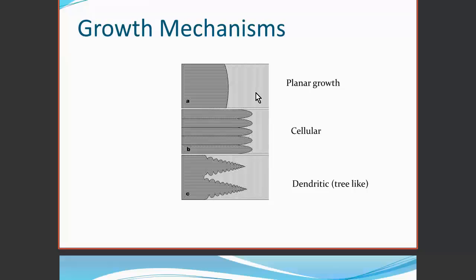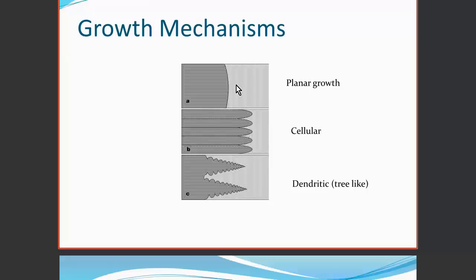When undercooling is low and the temperature difference between the liquid and the solid is small, and the growth rate is small, the temperature of the liquid is slightly higher than that of the solid. And heat conduction, the latent heat required to be conducted away as the liquid turns into a solid, occurs through the solid itself.